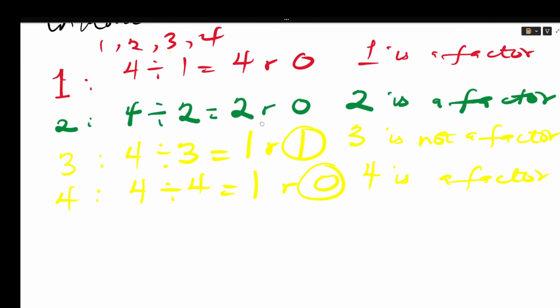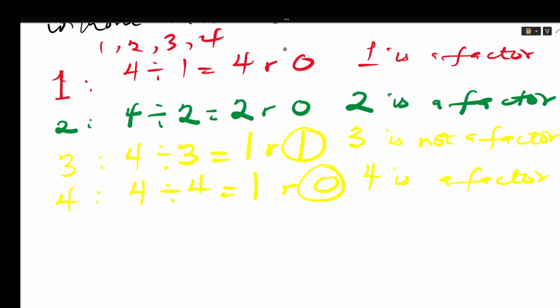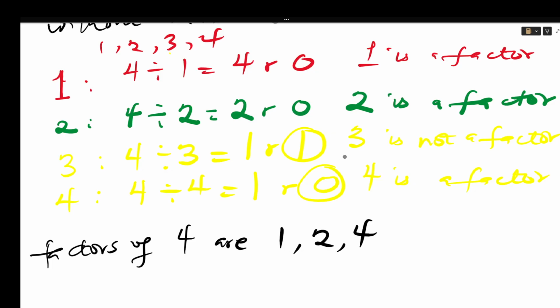And what are they? Factors of 4 are 1, 2, and 4. Note, for 3, we had a remainder of 1, so that can't be a factor. So we had these to be the factors of 4.